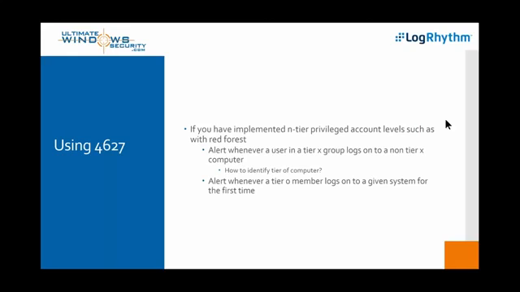If you don't have a naming convention that makes that simple, then just create a static list of your high security workstations, and then say if the user is a member of one of these important groups and the computer they're logging on to is not in this list, which would be pretty static, then let me know.